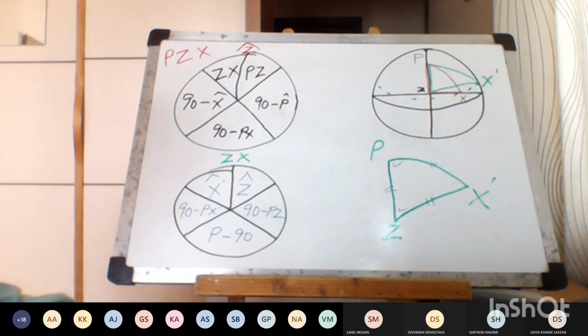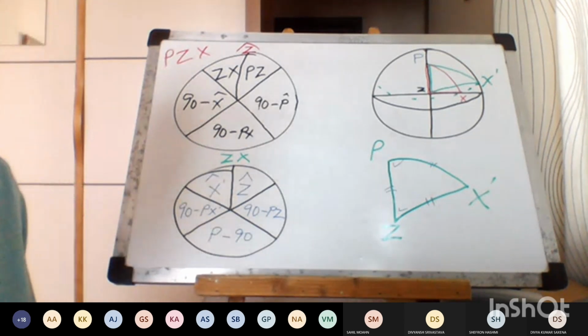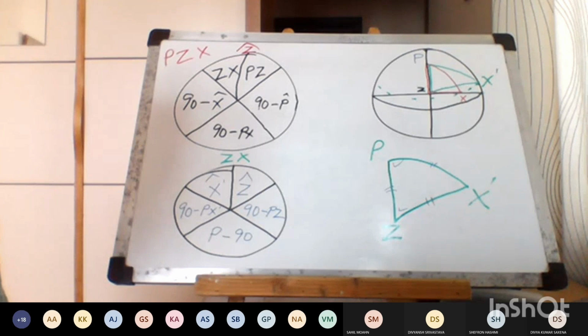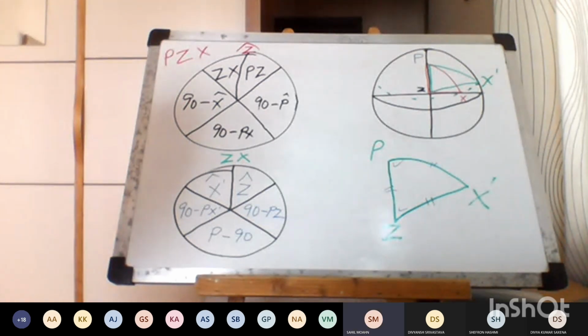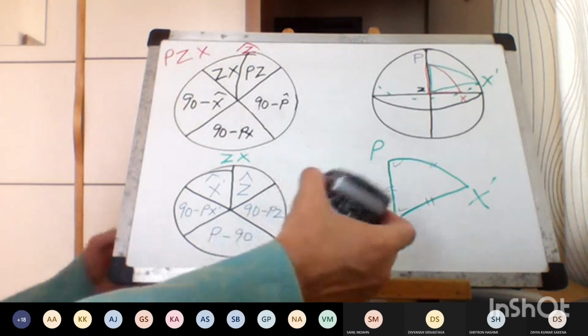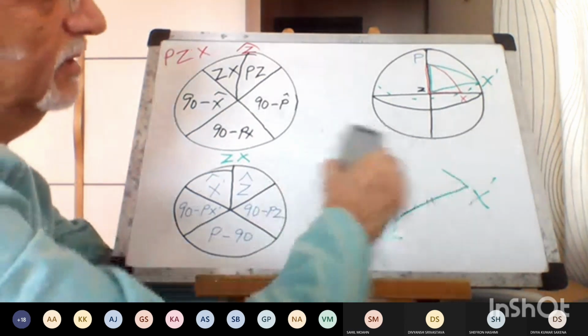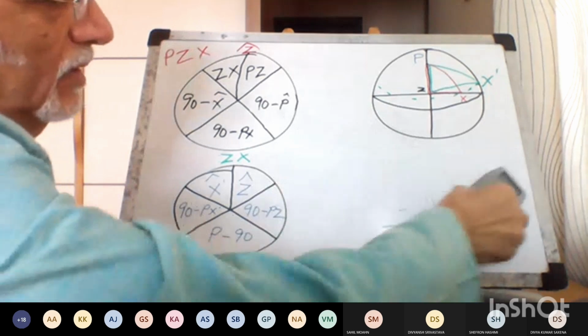So is this Napier's rule clear to you? How we draw the Napier diagram from the PZX triangle? Yes. Clear? Okay. But this is just one step. This is just drawing the diagram.